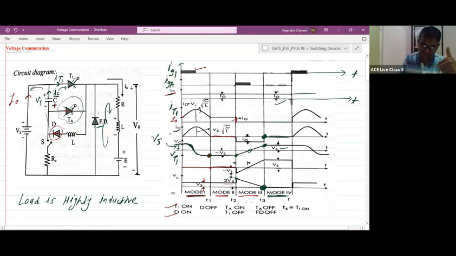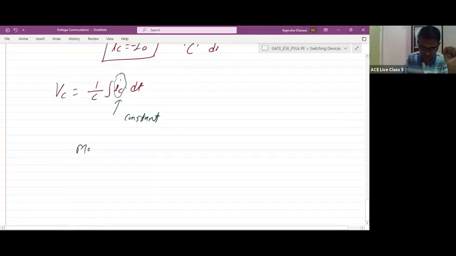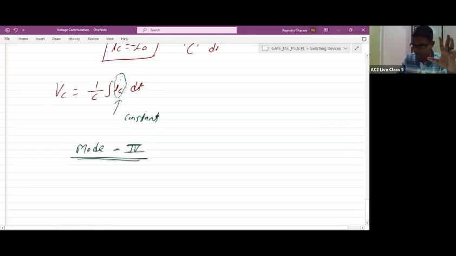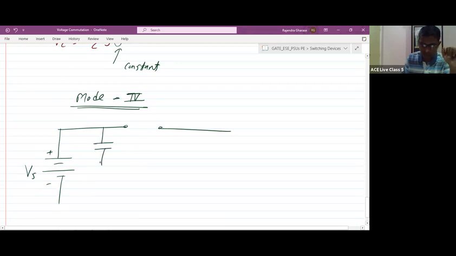Let me first draw the equivalent circuit during mode 4. In mode 4, what is happening? We have the supply voltage Vs here. Thyristor T1 is in the off state. The capacitor voltage is upper plate positive, lower plate negative, which is Vs, equal to Vc.